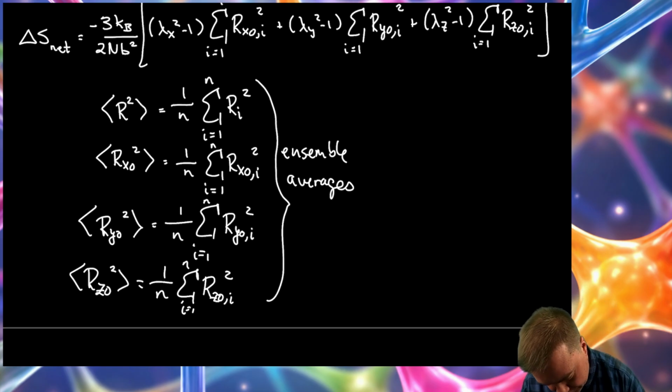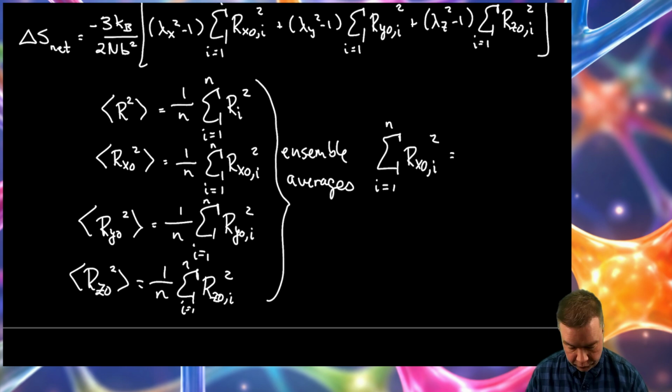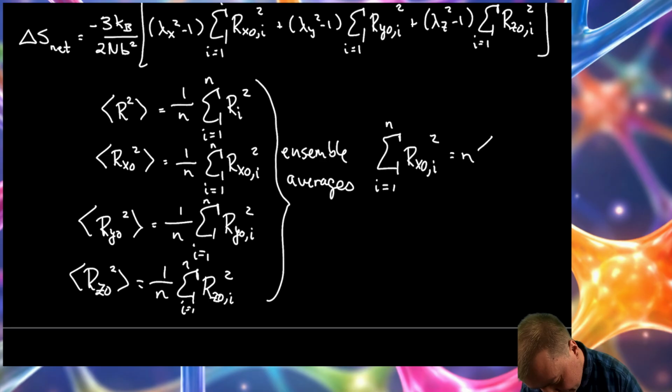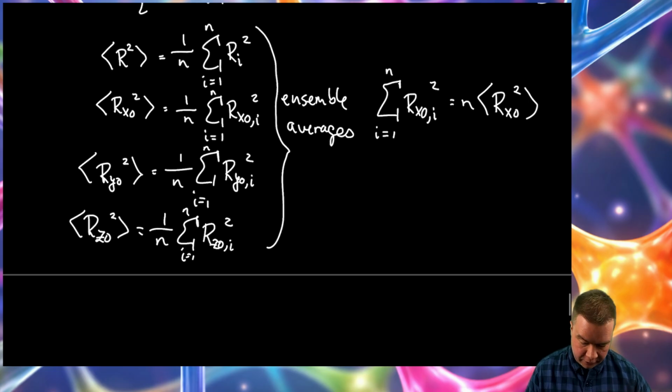So for example, the summation as i goes from 1 to n of Rx0,i squared is equal to n times the mean squared value, right?